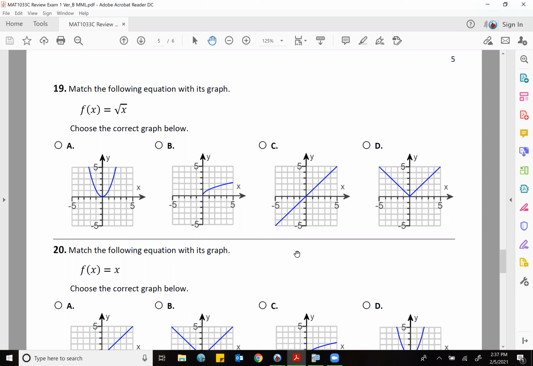Okay. Part of being in intermediate algebra is knowing certain graphs. In my course, I gave my students a handout that had pictures of parent functions. So this is what we call a parent function. But if you forgot what the parent function looks like, go to your calculator.